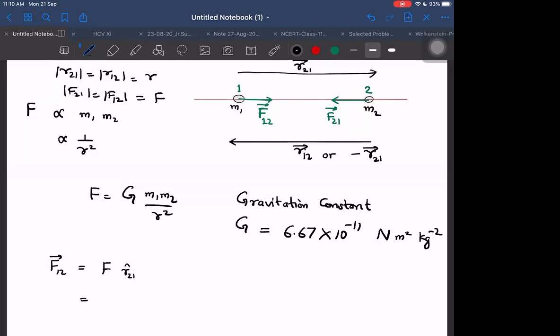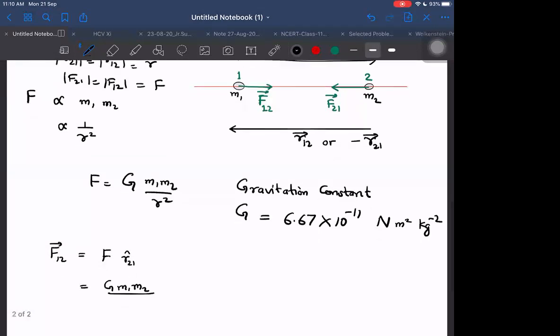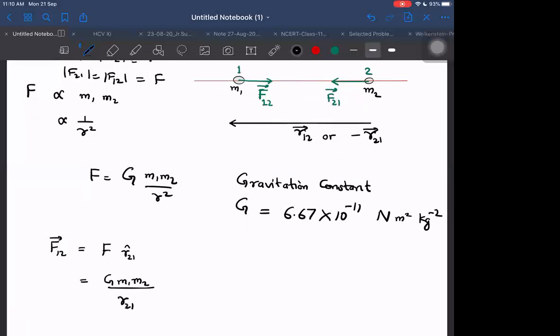Then I can write it as G m1 m2 upon R square into R21 cap. Sometimes we can write G m1 m2 into R21 vector divided by magnitude of R21 whole cube.